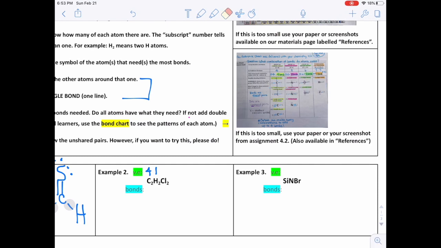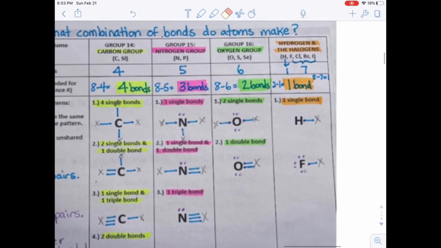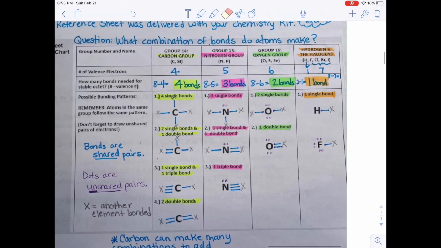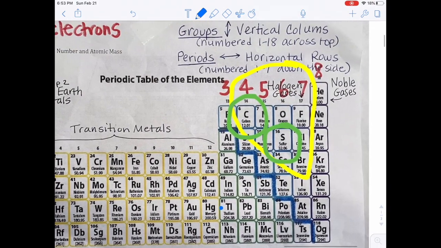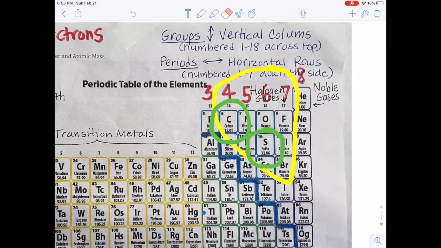So that's one of our halogens. And you see that F here, but Cl would look just like that. So it has one bond. But I also can look up here. I guess we were doing this part, right? So Cl is over here in the halogens, and it has 7 valence electrons.